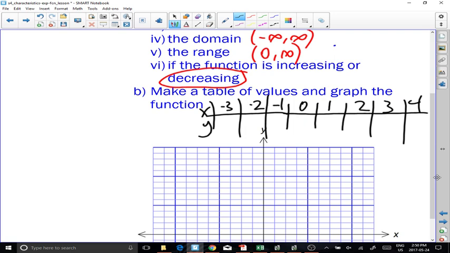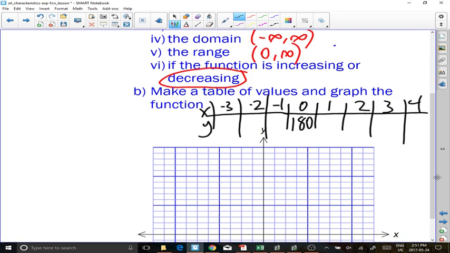So listen, when x is 0, y will be 180, because anything to the 0 is 1, and 180 times 1 is 180. Then as we move to the right, we have to take a third of the value. So what's a third of 180?